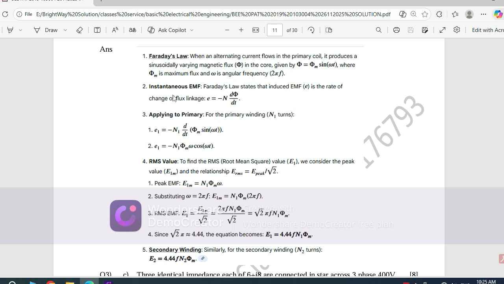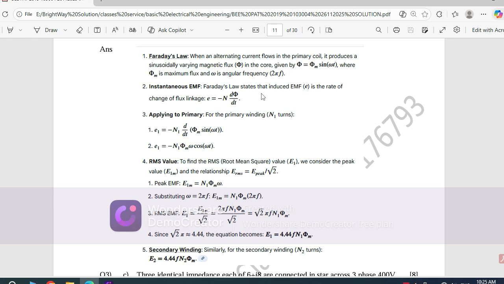So the instantaneous EMF: Faraday's law states that EMF e is the rate of change of flux linkage, equal to minus N d phi upon dt.